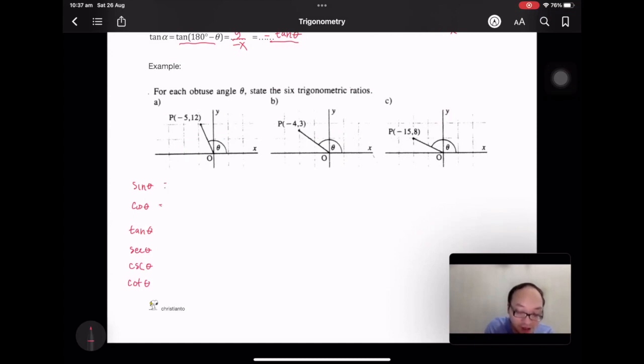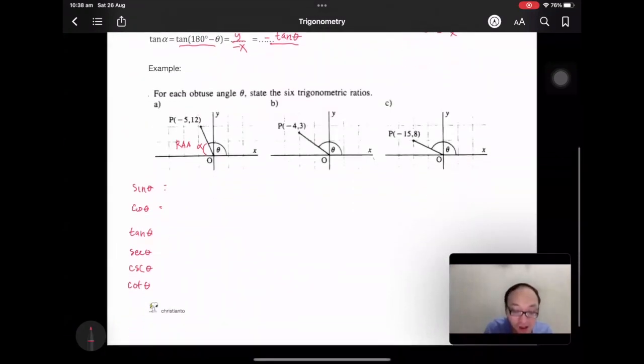So we start from the sine theta first. Sine theta, we know that theta is the obtuse angle. So we are looking for the related acute angle. In this case it is alpha, from above.